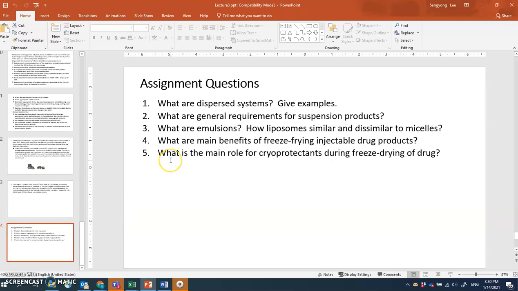And then what are emulsions? So emulsions are what? Strongly hydrophobic drugs that use lipid-based vehicle. Those are what emulsions are, right? And how are liposomes similar or dissimilar to micelles? Difference between liposomes and micelles. Micelles are a single lipid-based vehicle wrapping around your drug.